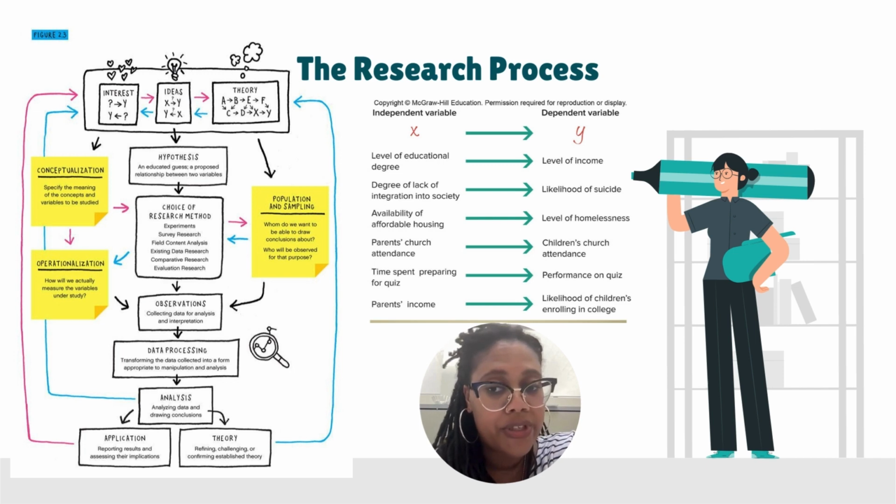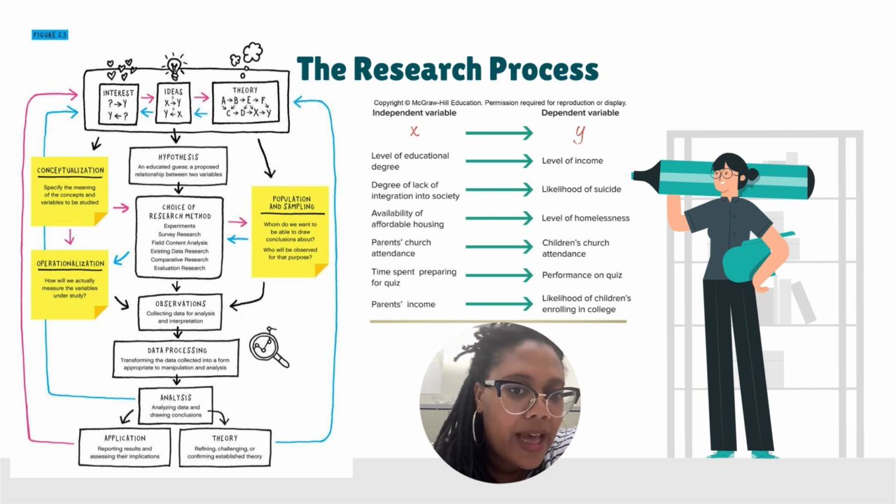Another important term is reliability, and that's consistency of results. And reliability is increased the more information you give about your methodology, your research design, and how you've carried out a study, right? How did you collect those observations?